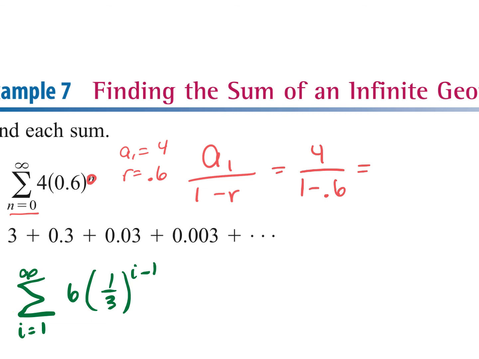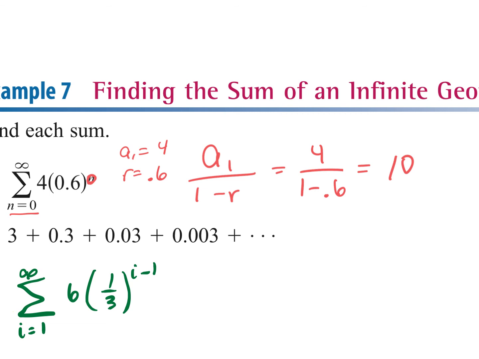What is 4 divided by 1 minus 0.6? It's 10. Hit 4 divided by, and then you have to have 1 minus 0.6 in parentheses. But your answer here is 10.